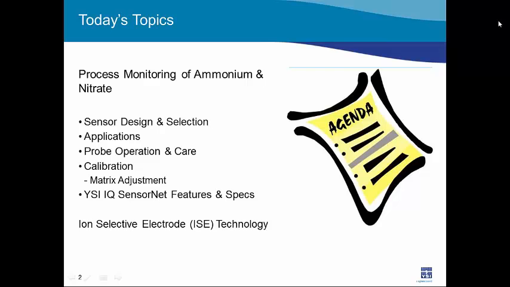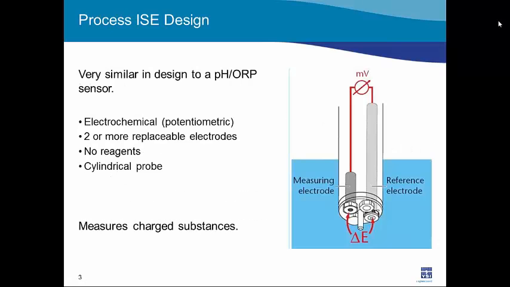We'll be talking in detail about calibration, especially using the matrix adjustment procedure. And we'll also, at the end, discuss YSI IQ SensorNet versions, models of the ammonium and nitrate sensor, features and specs for you to consider. All of this today is really then centered around using ion selective electrode technology.